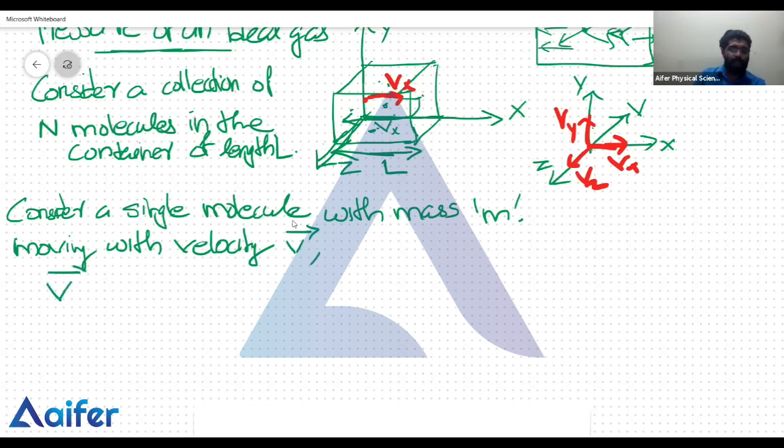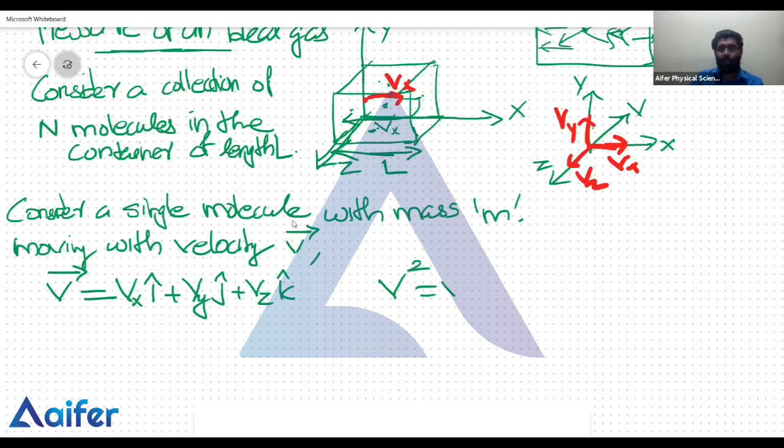This velocity v is a vector which has a component vx along the x-axis, vy along the y-axis, and vz along the z-axis. This is the velocity expression. And if you square it, v dot v, that is v square, you get vx square plus vy square plus vz square.